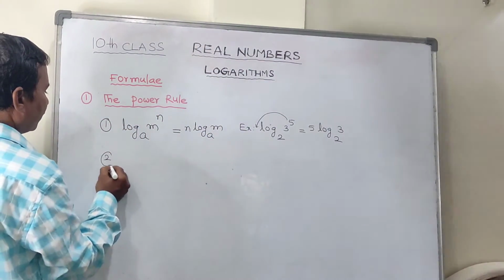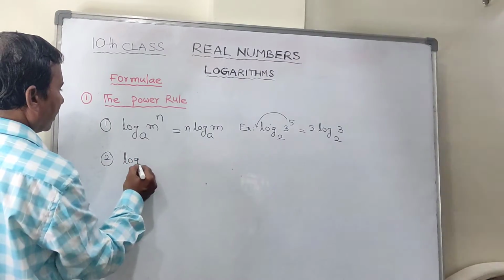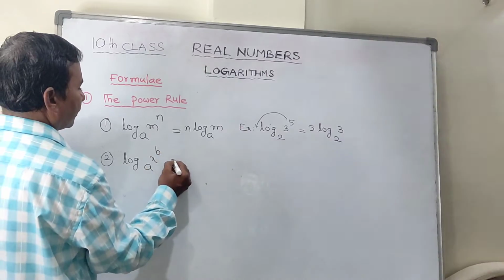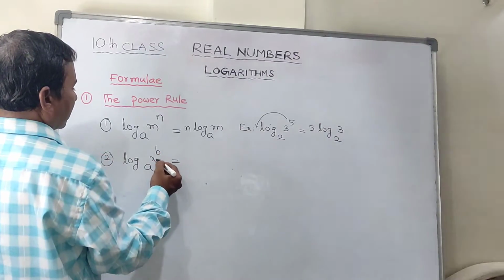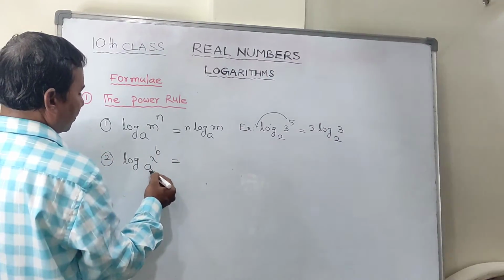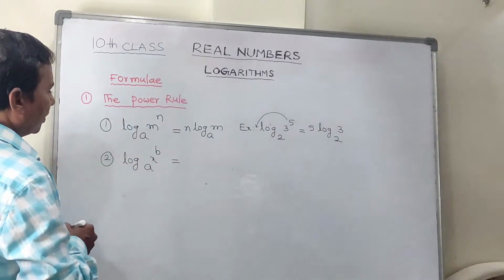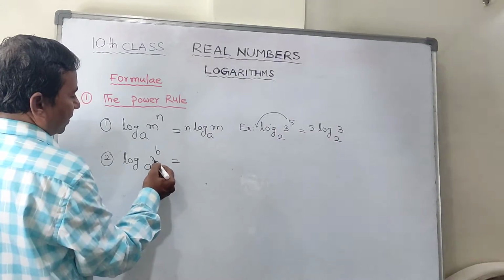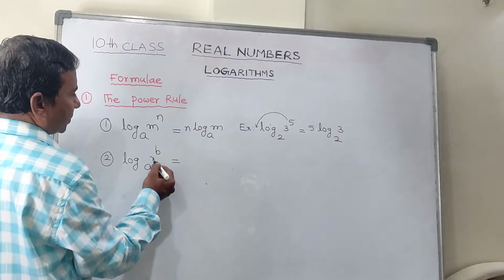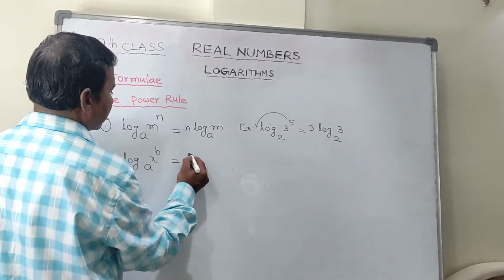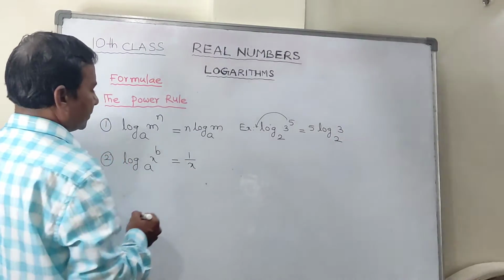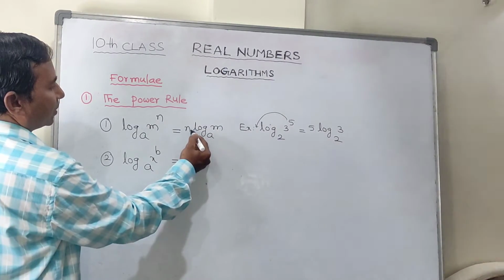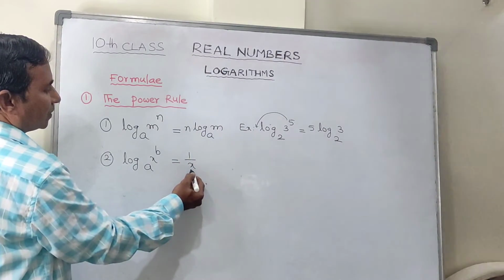Now, the second formula: log x to the power of b to the base a, means here x is there in the middle, then it becomes 1 by x. Here it became a multiplication, now it becomes a division.